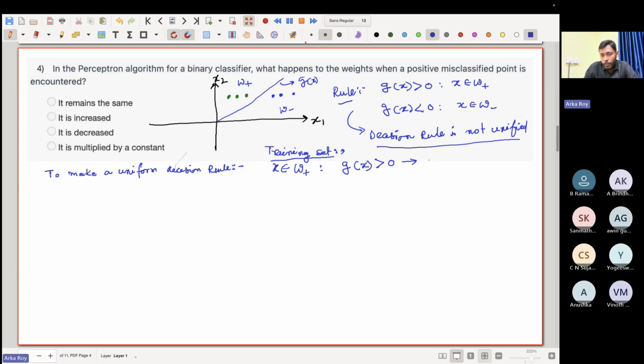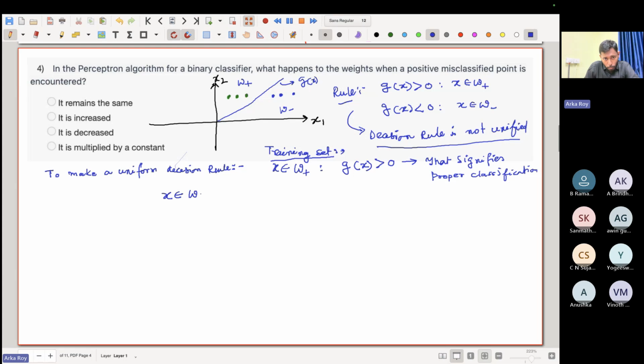Then that signifies proper or correct classification.